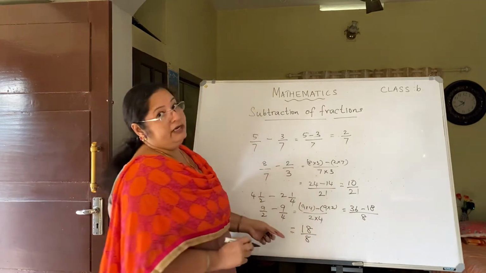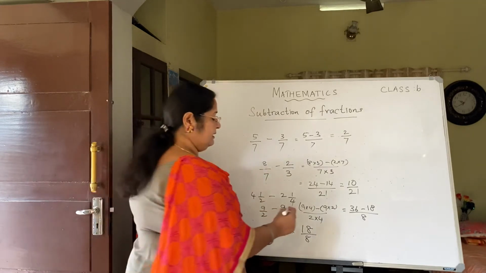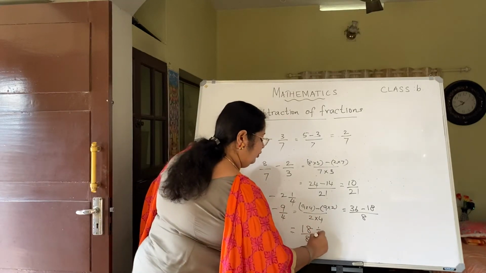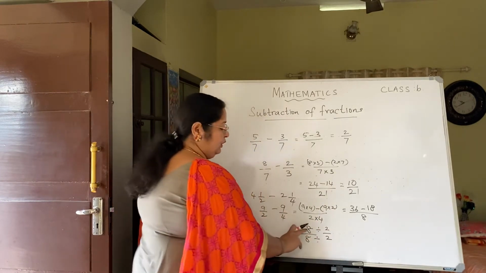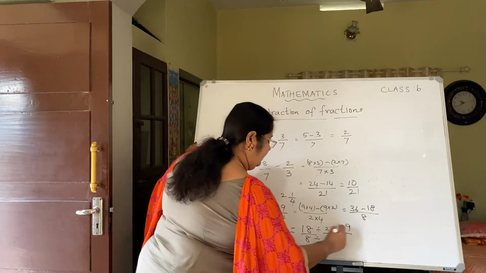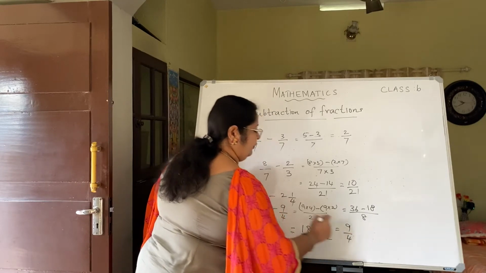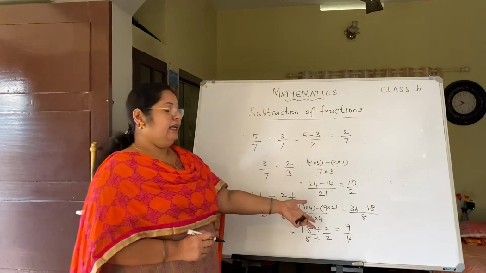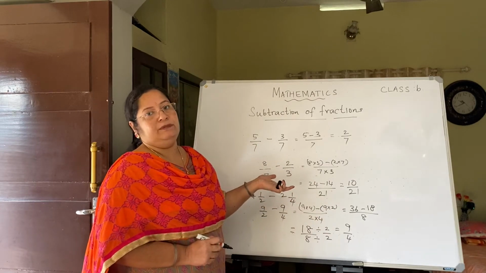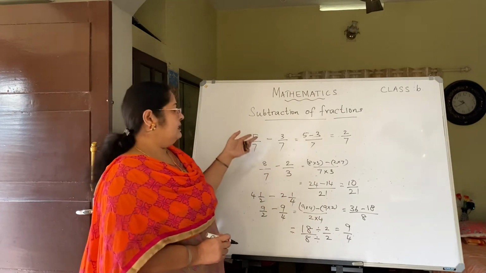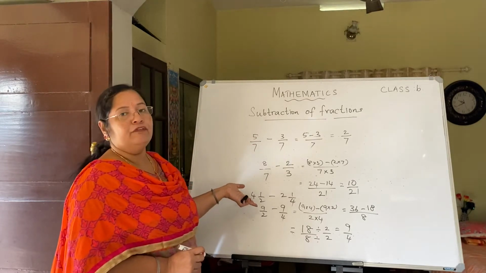Now this is not in the reduced form. You can reduce this by dividing both numerator and denominator by the same number. We start with 2. 18 divided by 2 is 9, 8 divided by 2 is 4. So 9 by 4. You can either keep it as 9 by 4 or change it into a mixed fraction and write it. So this is how you do the subtraction of fractions.